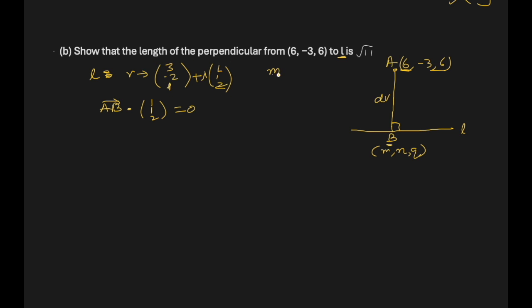So M will become 3 plus lambda, because that's the x coordinate, 3 plus lambda times 1. N will be minus 2 plus lambda, and Q will be 1 plus 2 lambda.